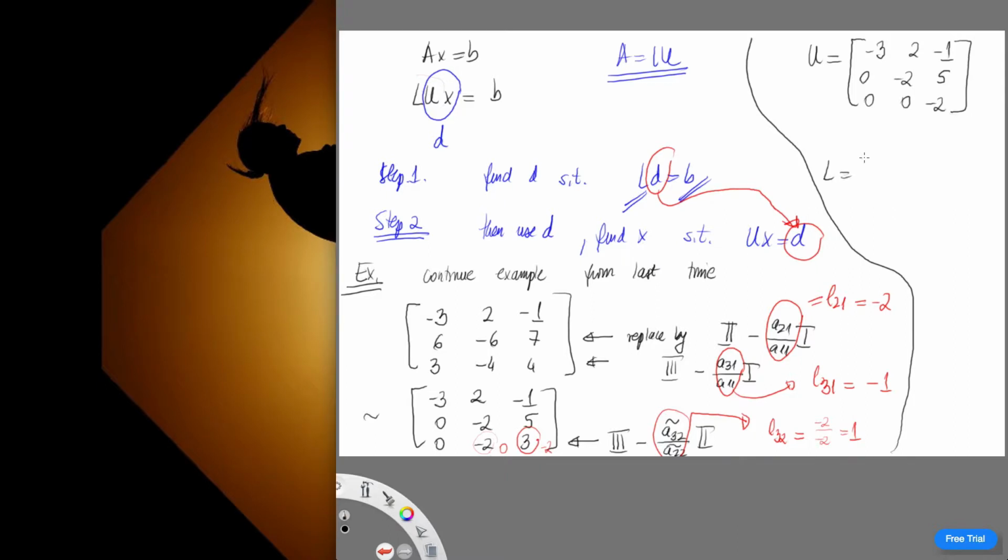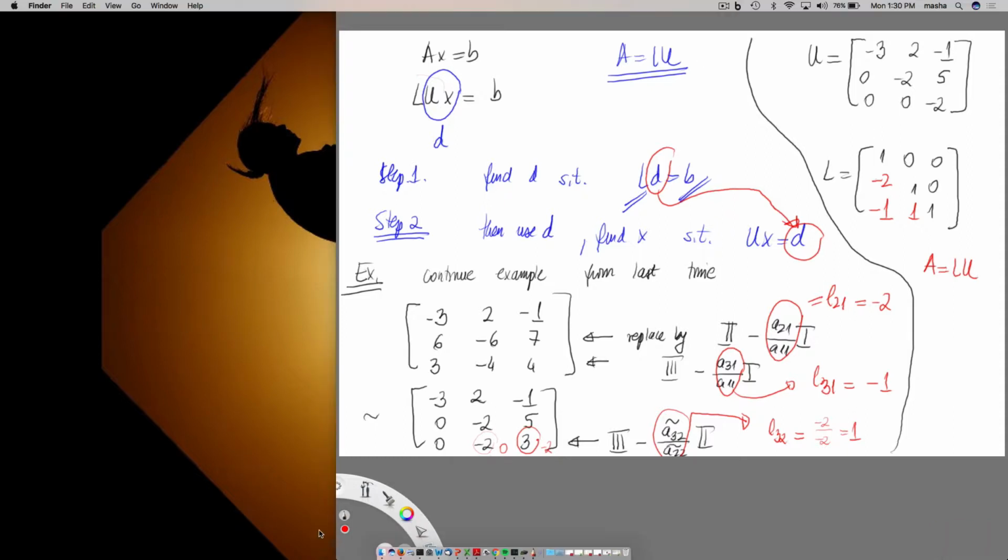And my L has 1 on the diagonal, zeros in the upper triangle, and it's a lower triangular matrix. Its L21 will be minus 2, its L31 will be minus 1, and its L32 will be 1. And A is LU.